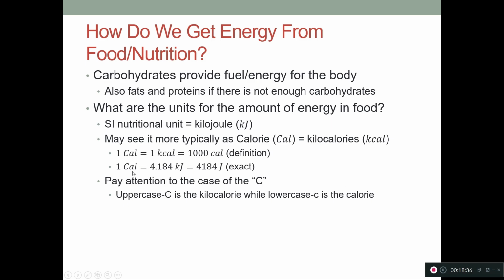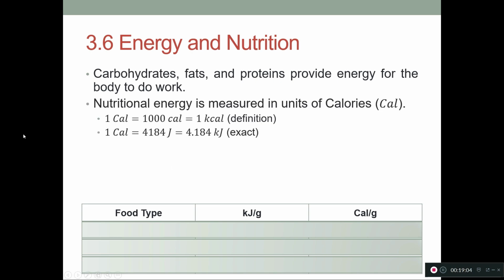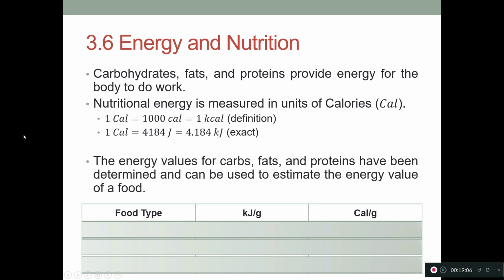So remember, we said that 1 calorie, this uppercase Calorie here, is going to be equal to 4.184 kilojoules, whereas we saw before that the lowercase c calorie was equal to 4.184 joules. So again, you want to make sure that you're paying attention to the case, whether it's uppercase or lowercase, of the C in calories. And so remember, carbohydrates, fats, and proteins provide energy for the body to do work. We're using the Calories for our units for this.